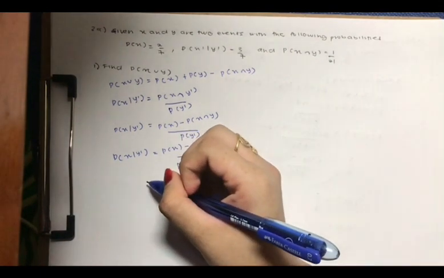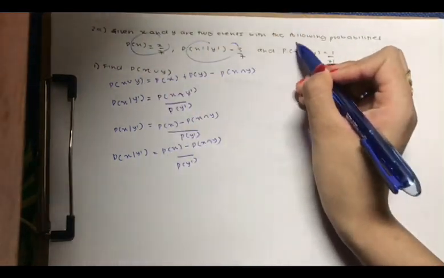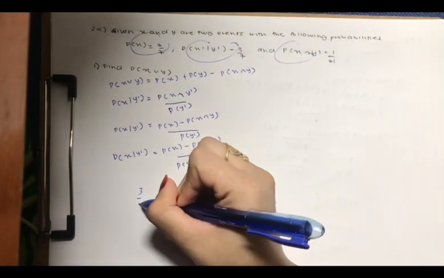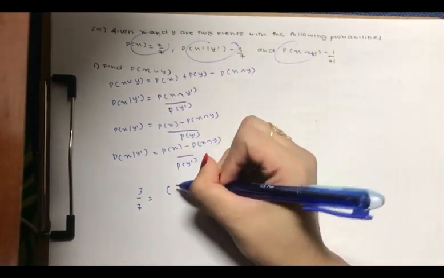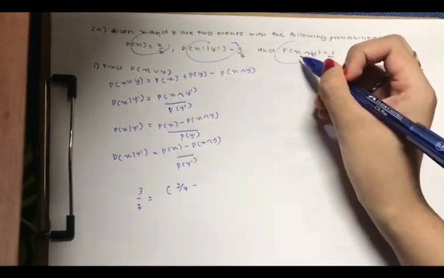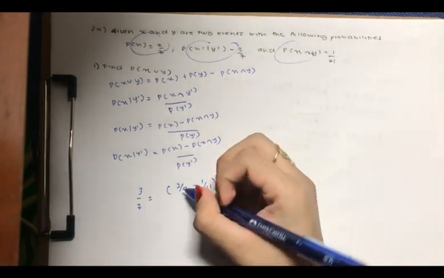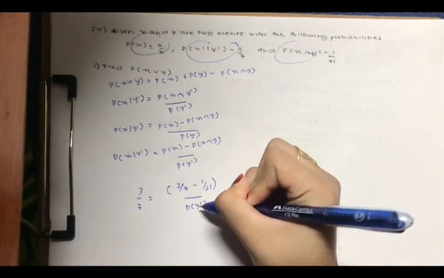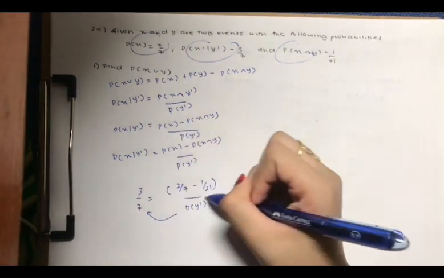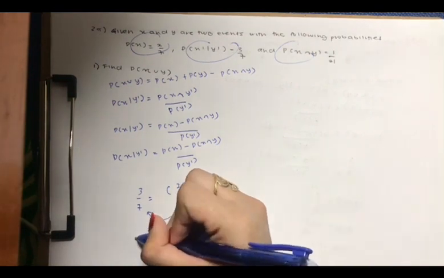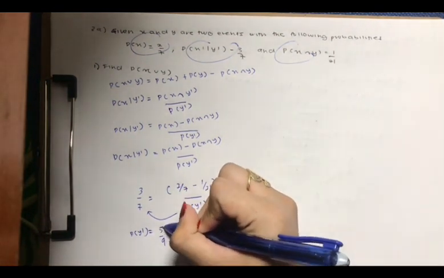For this we just substitute the values given. 3 over 7 equals P(X), 2 over 7, minus P(X intersection Y), 1 over 21, over P(Y prime). Just move the P(Y prime) here and solve. For P(Y prime), we got 5 over 9.